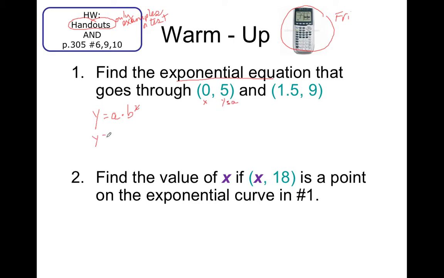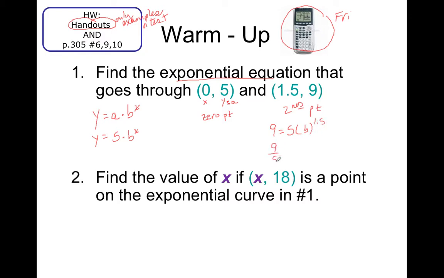So y equals 5 times b to the x. This is my 0 point. This is my second point. So plug in 9 for y: 5 times, I don't know the base, to the 1.5.